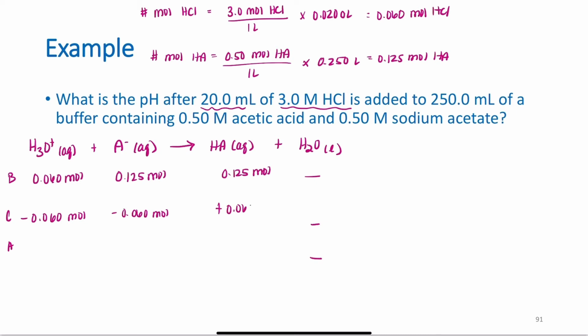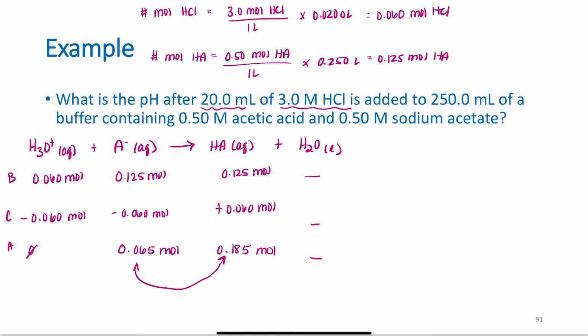Plus 0.060 moles on the product side because that's how much acetic acid I'm producing. That leaves me with no strong acid left. I now have 0.065 moles of conjugate base remaining, and I now have 0.185 moles of my weak acid.